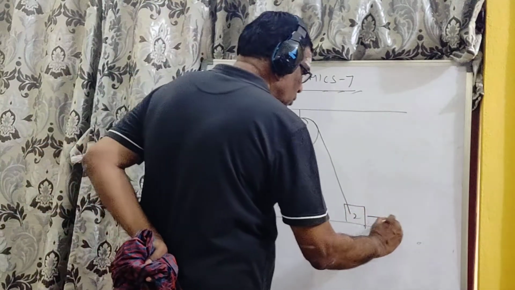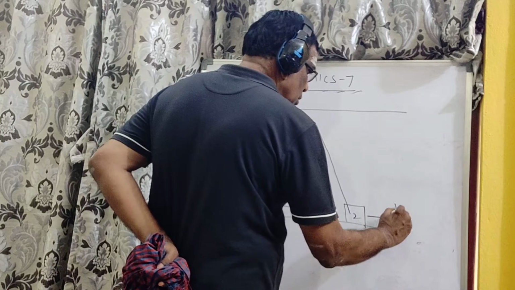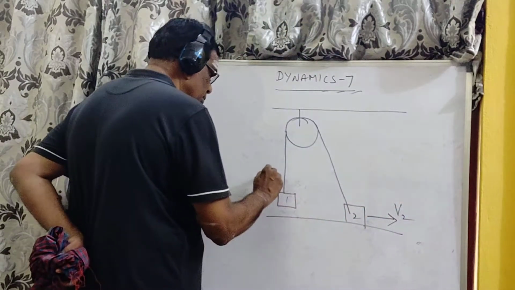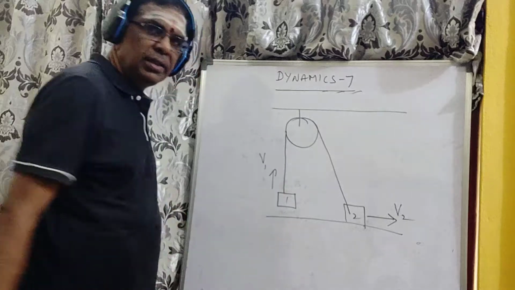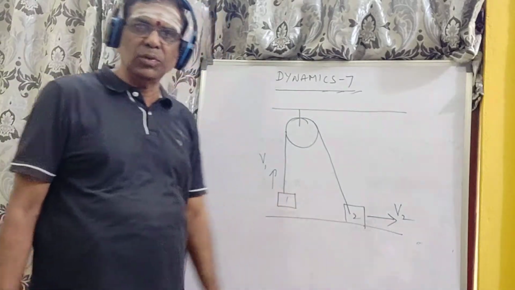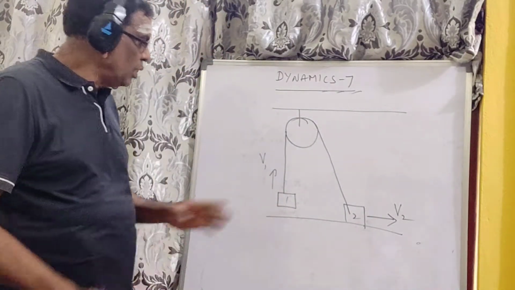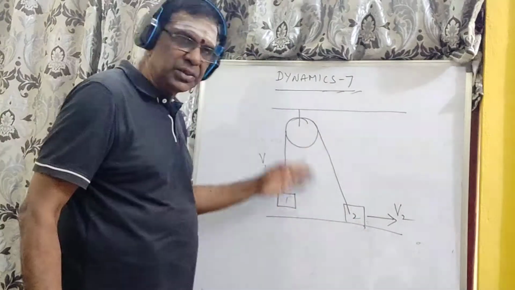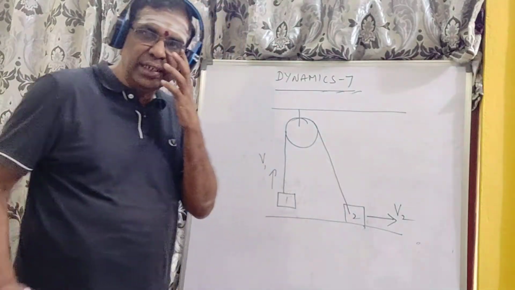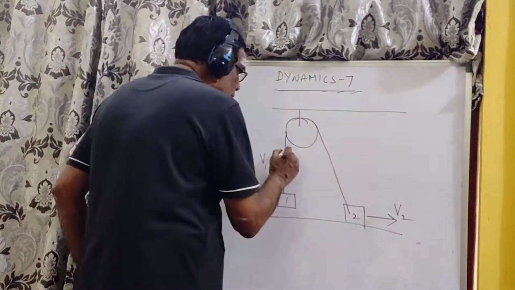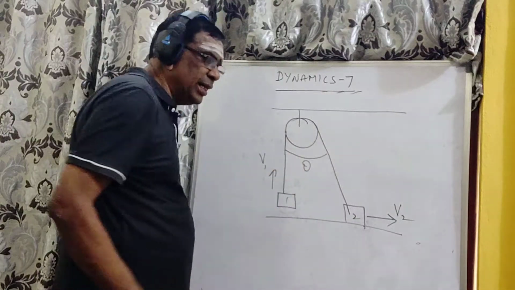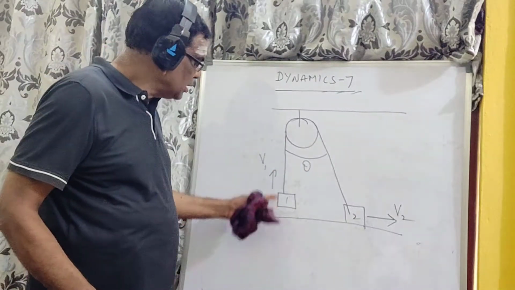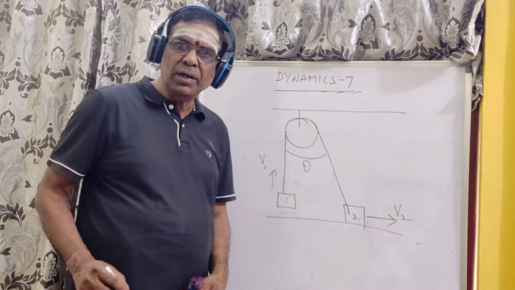Now suppose there is an angular movement rather, not in the direction of the string but maybe at a certain angle. Supposing I take this angle as theta, as this moves up, this will go down.